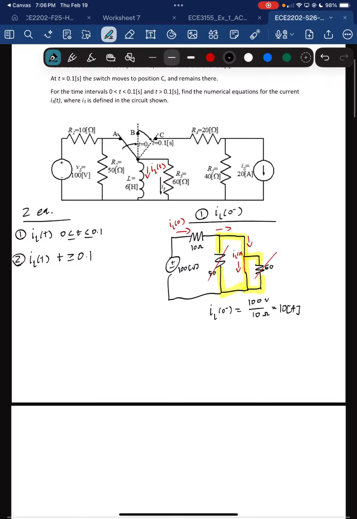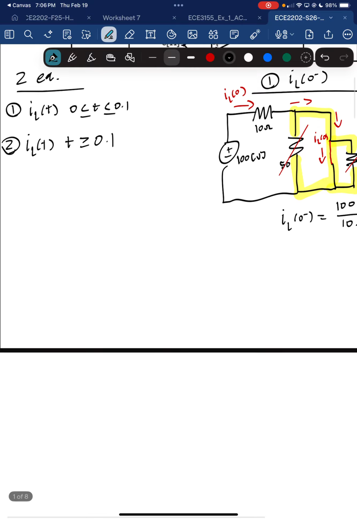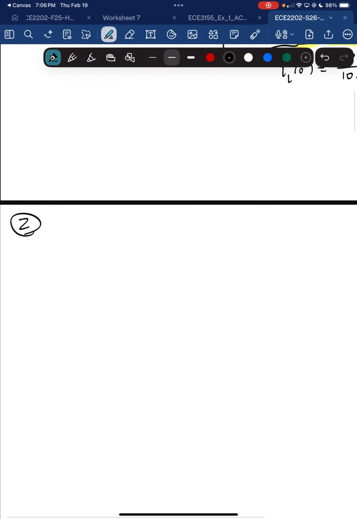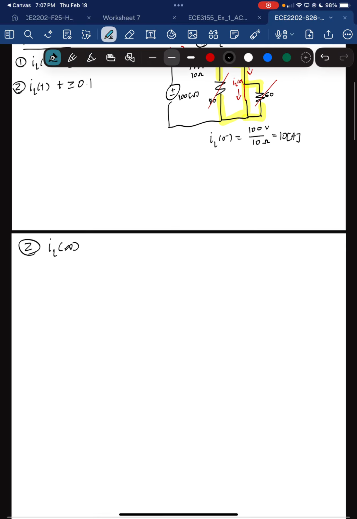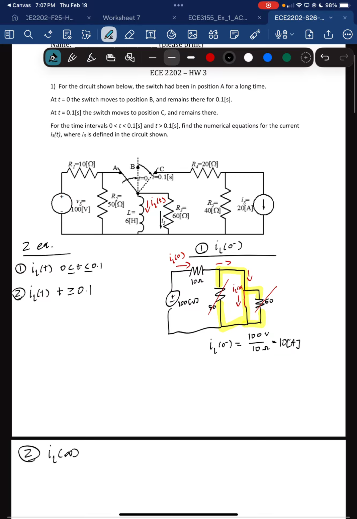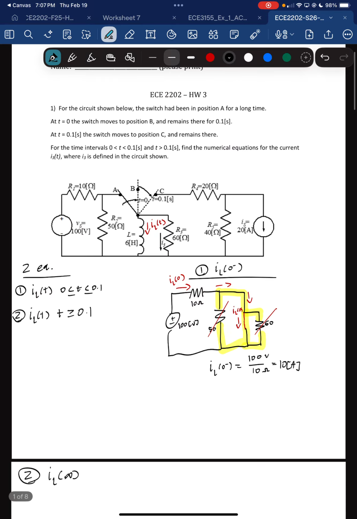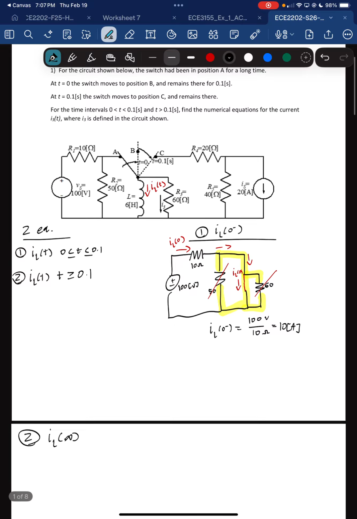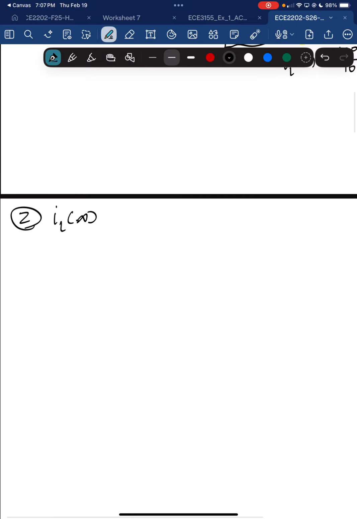Okay, now for step 2, right? That's going to be find the final condition of IL of infinity. And that is after the switch flips. So we flip the switch to position B, and now we have to solve for the final value of the current. So I'm going to draw the circuit.